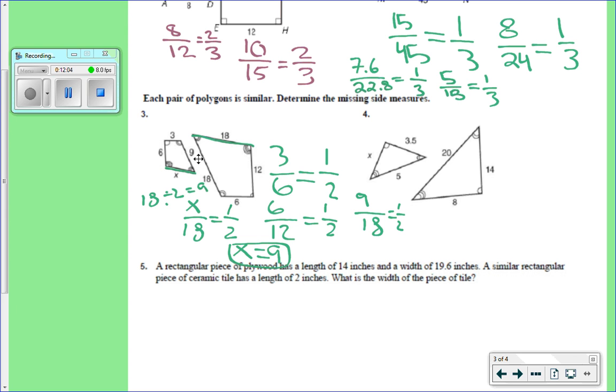Eddie. Good. 5 corresponds to 20. Which implies to 1/4. Good. And then X corresponds to 14.